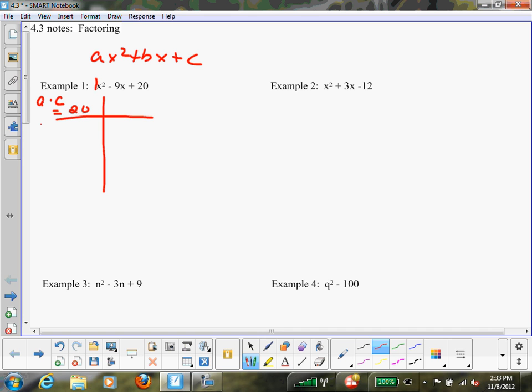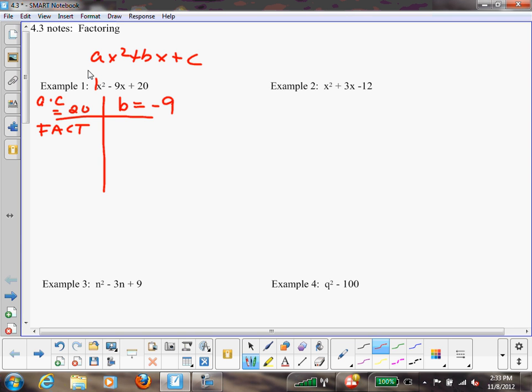And we want factors here, and they have to add up to our b value, which is negative 9. So if what I multiply together is positive, but what I add is negative, then I know that both of my factors must be negative, right?